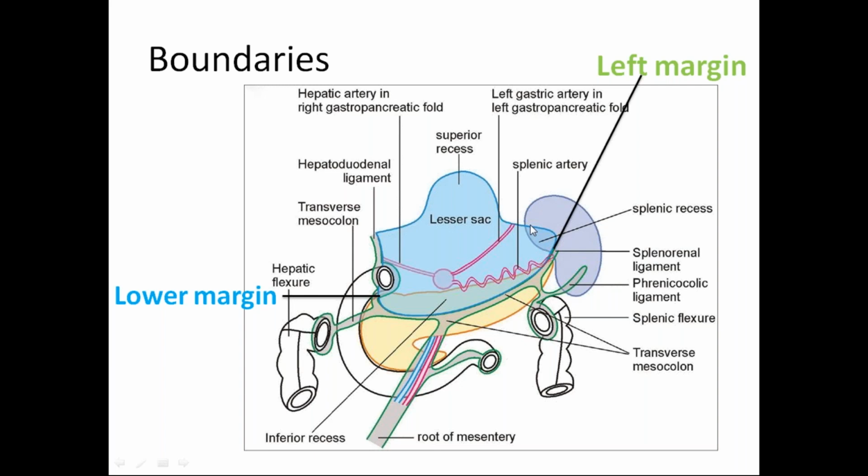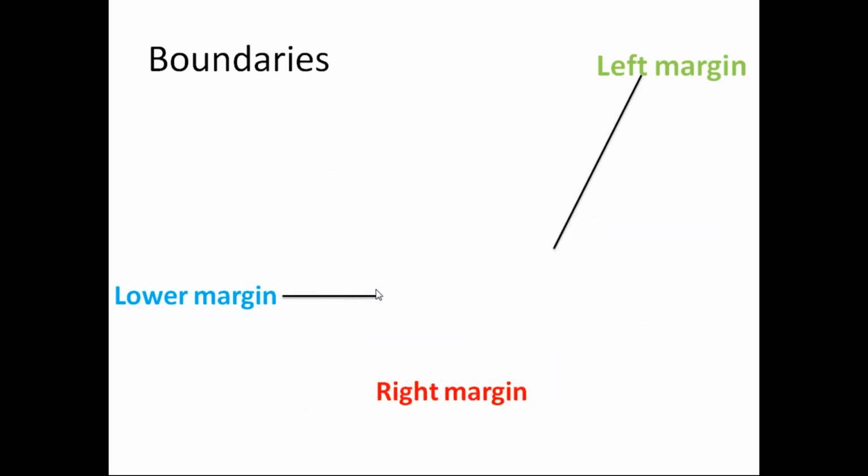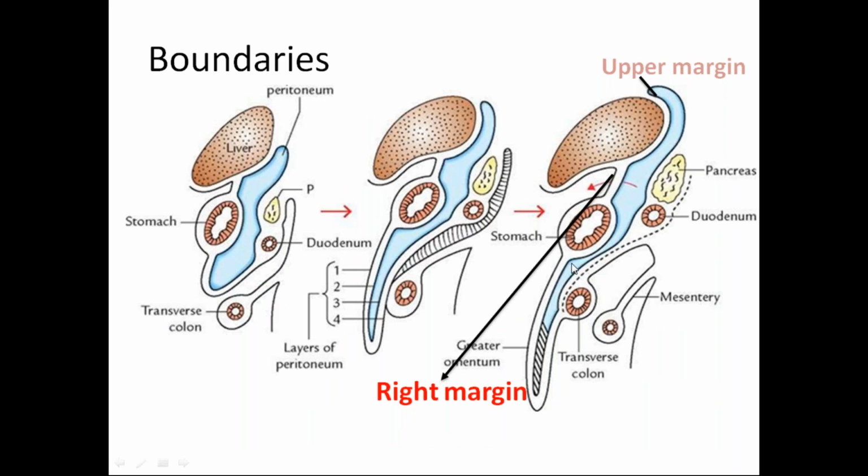The lower margin is formed by the right margin of the greater omentum. In the previous picture you can see this is the lower margin. It is formed by the right margin of the greater omentum and the reflection of peritoneum over the neck of the pancreas. So clear about the boundaries of the lesser sac.